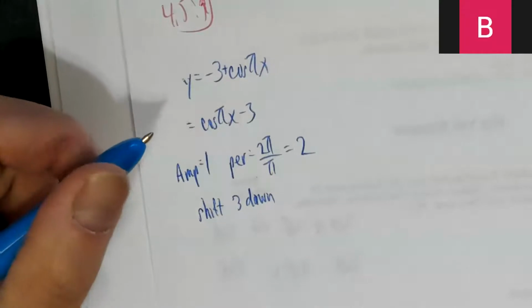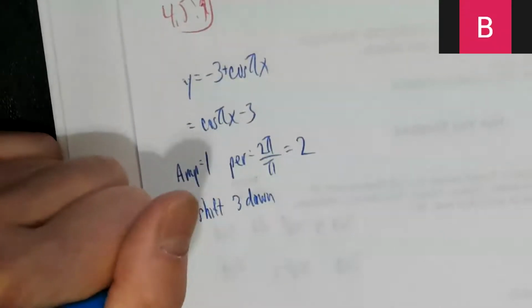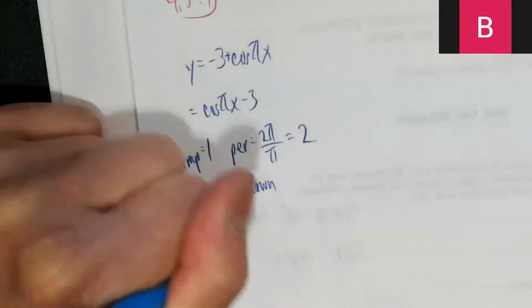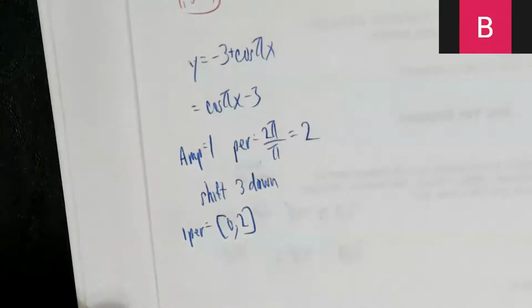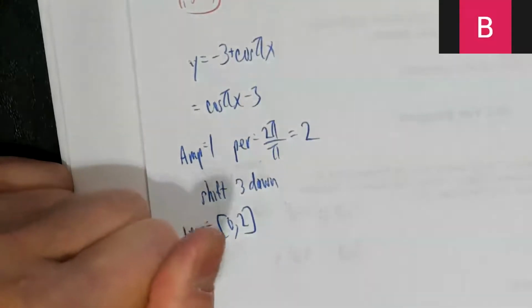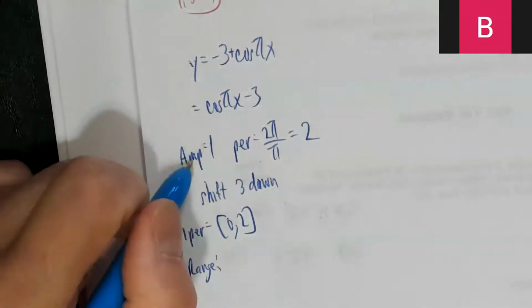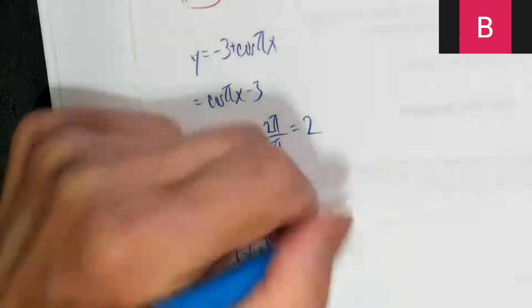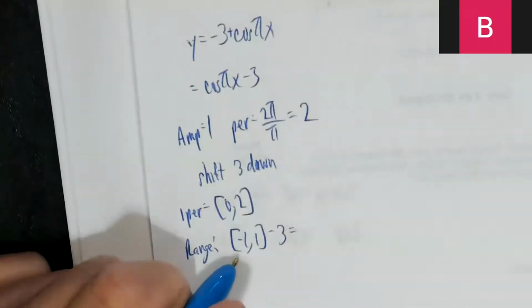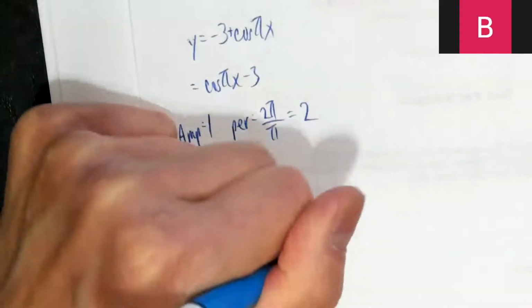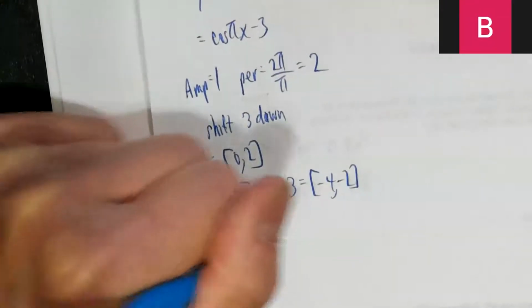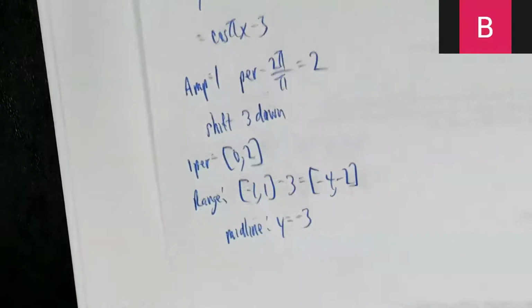Okay, so let's talk about it. One period is 2, so going from 0 to 2. My amplitude is 1, so I normally go from -1 to 1, but I'm subtracting 3. So -1 and 1 minus 3 is -4 and -2. And since I went 3 down, the midline is y equals -3.